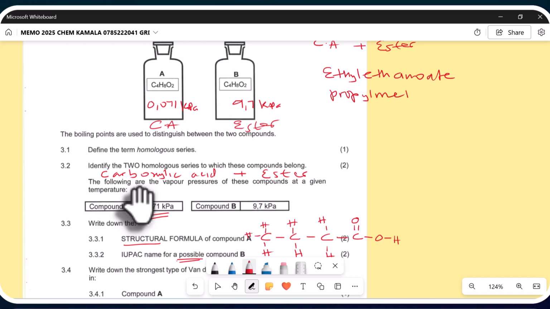Now, which compound, A or B, has a higher boiling point? Give a reason for the answer by referring to the strength of the intermolecular forces. We said compound A has the higher boiling point.